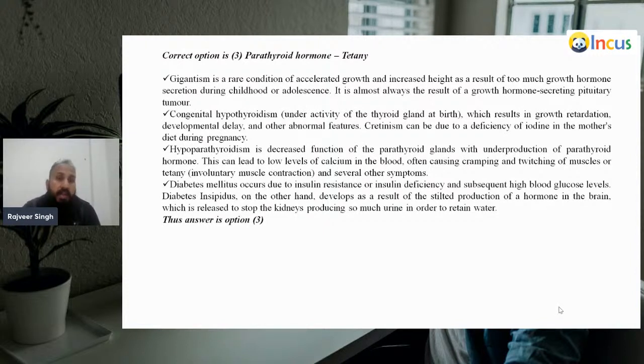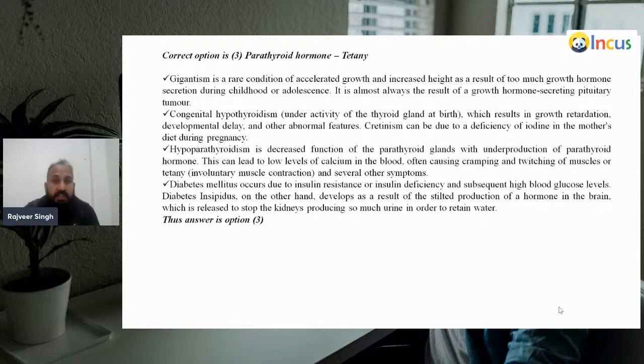Hypoparathyroidism is a decreased function of the parathyroid glands with underproduction of the parathyroid hormone. This can lead to a low level of calcium in the blood, often causing cramping and twisting of the muscles, or tetany, involuntary muscle contraction, and several other symptoms.